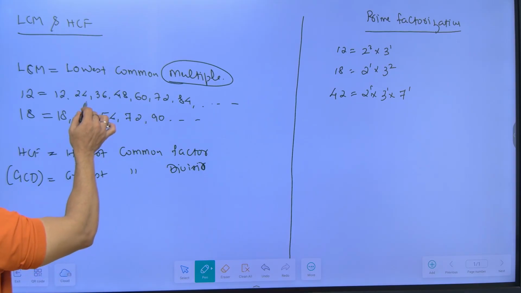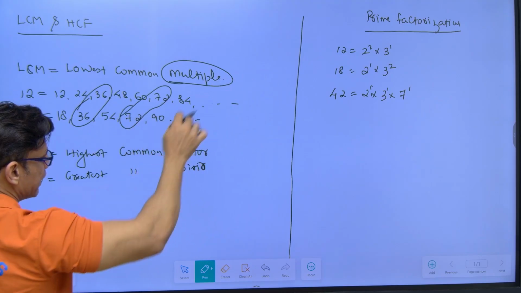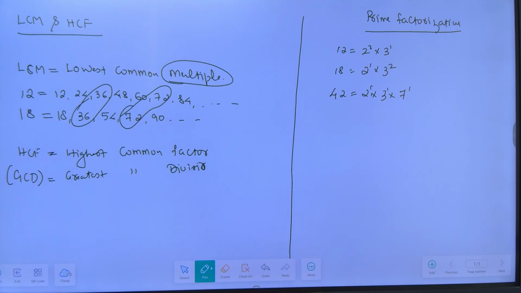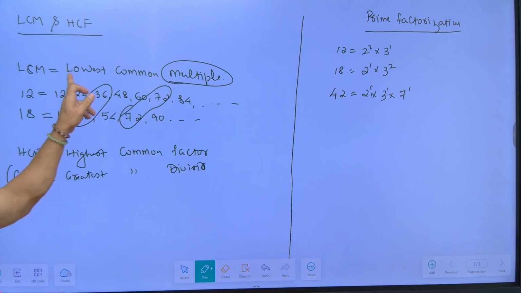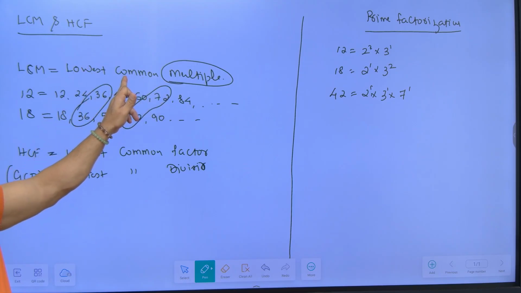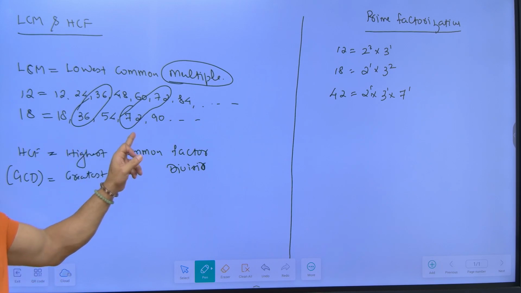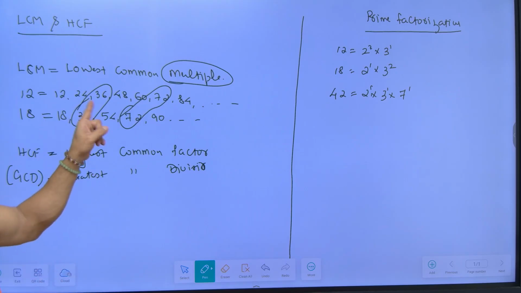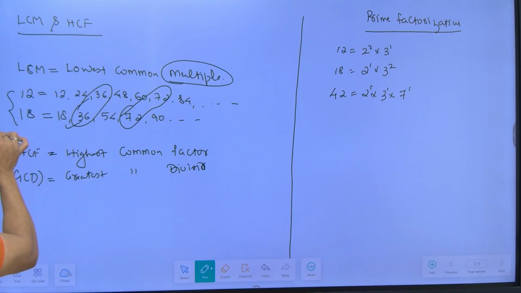Now you see there are some numbers which are common: 36, 72, and many others. These are common multiples. Among all the common multiples, you have to choose the lowest one. Which is the lowest? 36. So the LCM of these two numbers is 36.